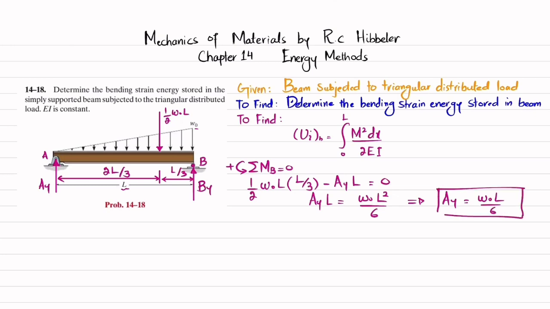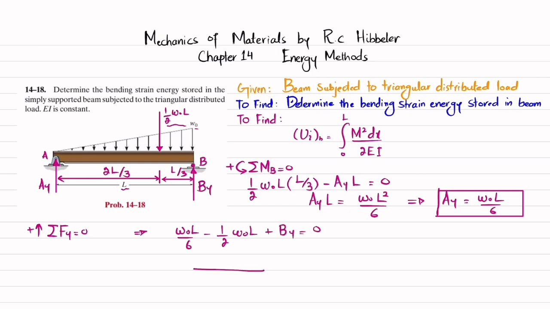This is the reaction force that this pin support applies on the beam. Now we'll find BY by using another equation of equilibrium: the sum of all forces along the y direction must be equal to 0, with upward force taken as positive. So AY, which is upward, W0 L over 6, minus the triangular distributed load converted into a point load, 1/2 W0 L, plus BY is equal to 0.